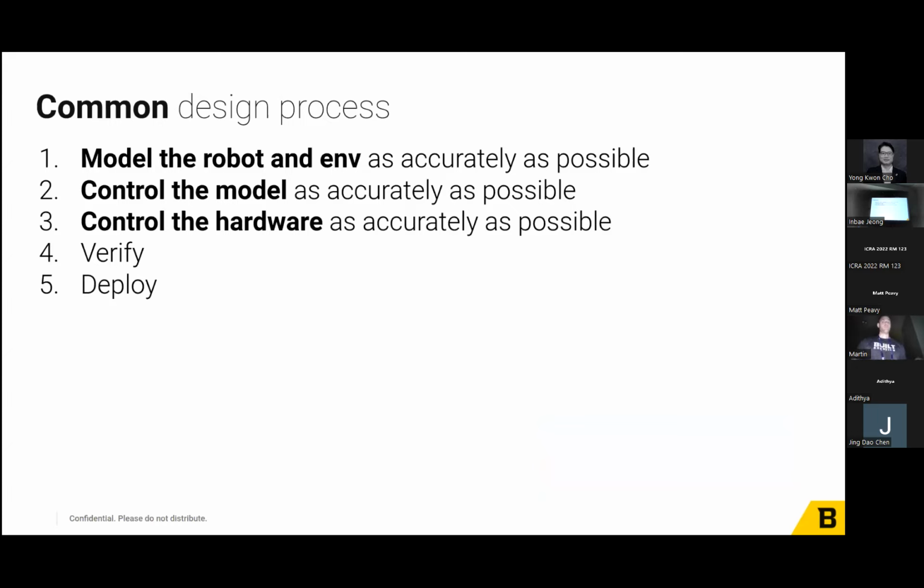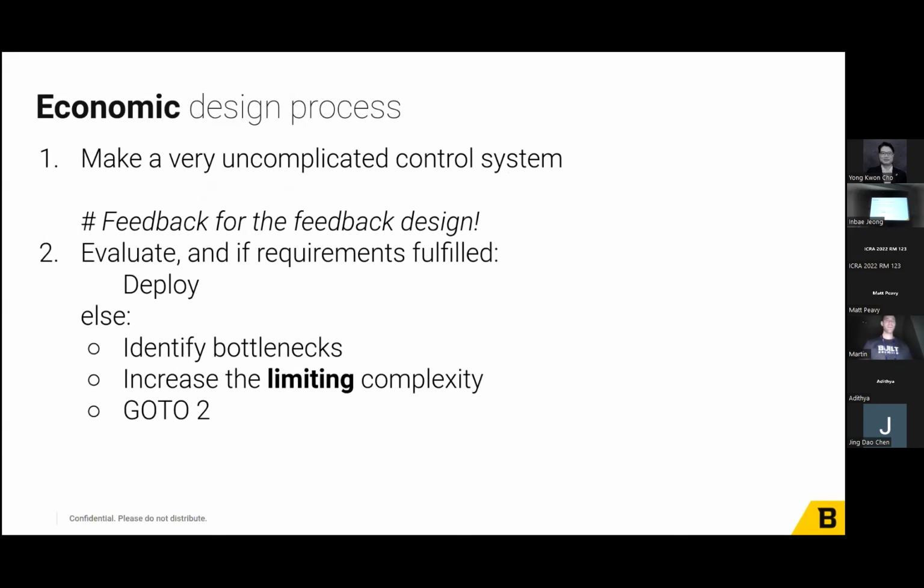And then we try to control this model in some simulation tool. Then we move the controller to connect it with hardware instead. And we try to control that one, the hardware, as accurately as possible. And then we verify everything. Hopefully it works. Deploy it. It doesn't sound crazy, I think.